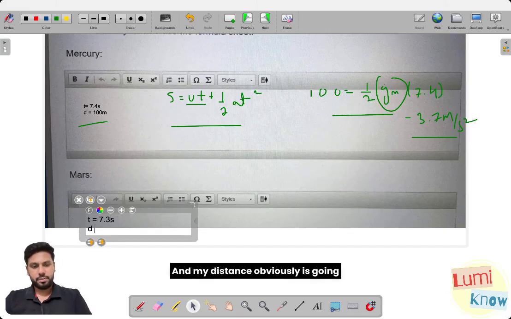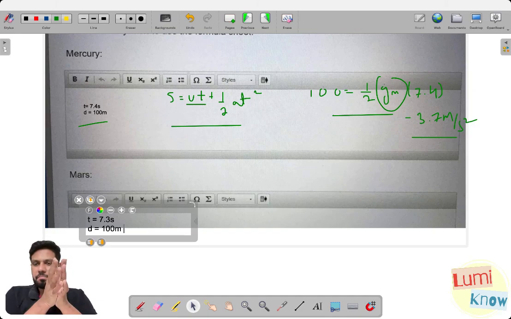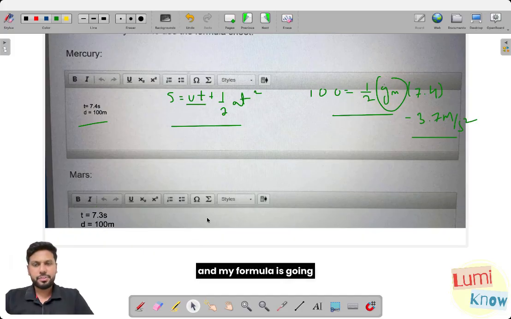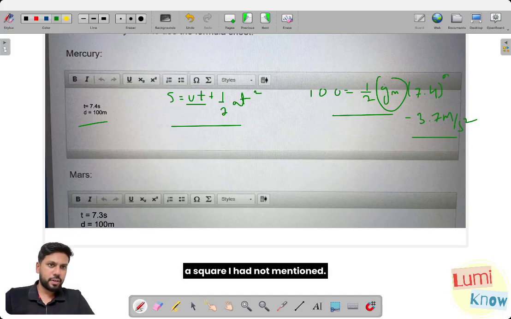And my distance obviously is going to be equal to 100 meter. Simple. My formula is going to remain the same, and here, of course, that's a square, which I did not mention.